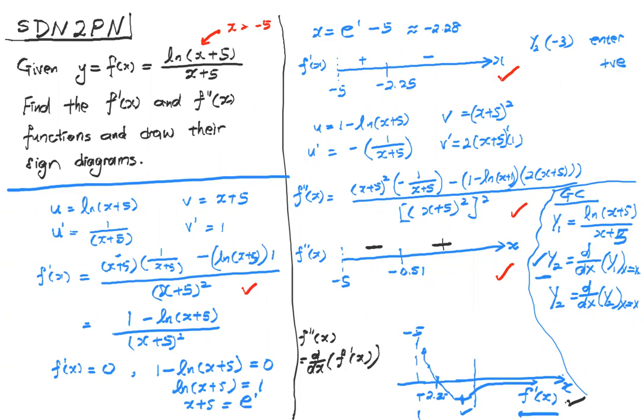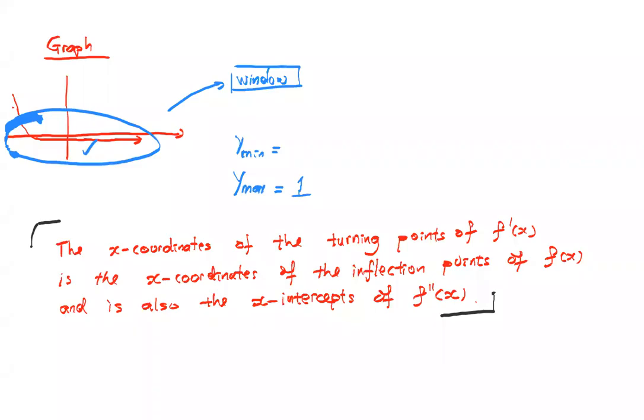If the f prime x graph is going down, f double prime x will be negative, and going up, it will be positive. Clear? That is the correction. Thanks for pointing me out. This is a very important fact, the relationship.